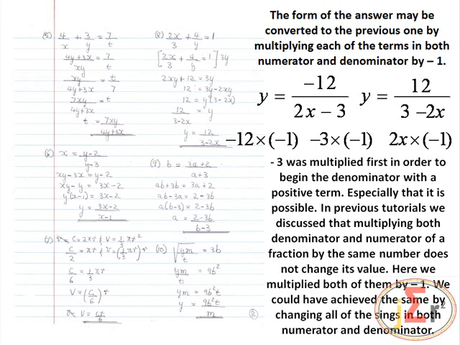But we are taking a look at the program that is written behind the interface, which is telling us that multiplying the numerator and the denominator by the same number does not change the value of the fraction, and we are doing that by multiplying by negative 1, both numerator and denominator, as a matter of fact.